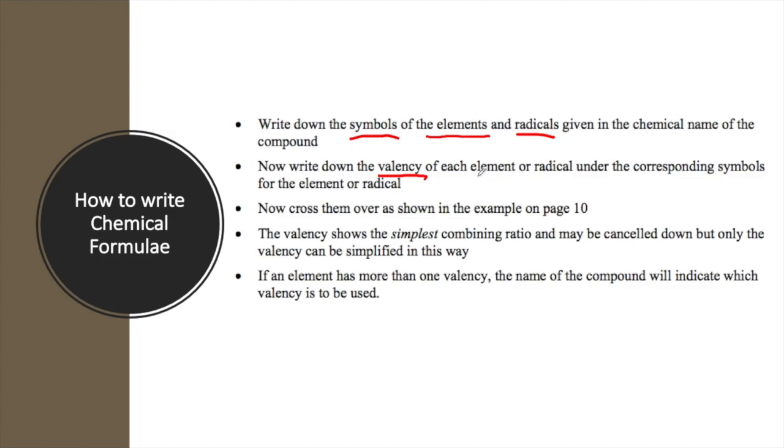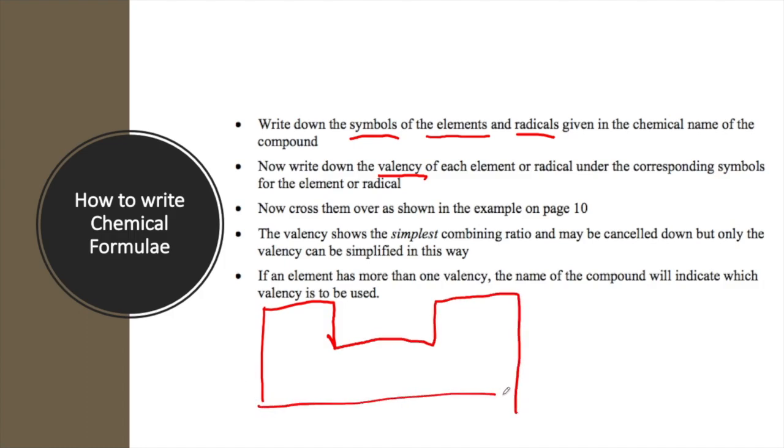Now, there are some tips that can be used for valency. For example, if I take the periodic table, pardon my drawing, it's a little hard to draw using this particular device. I mean, it's not hard, I'm just not good at it.